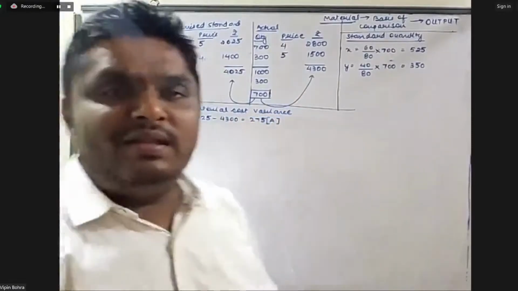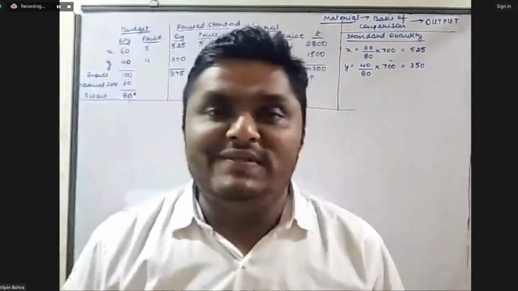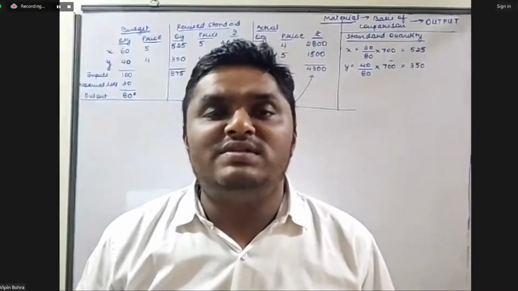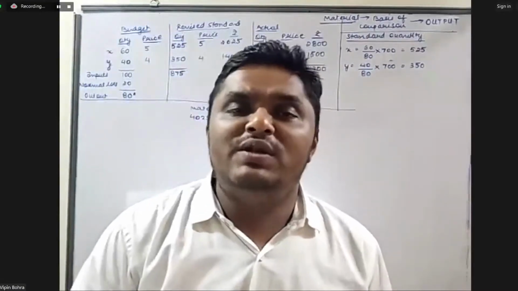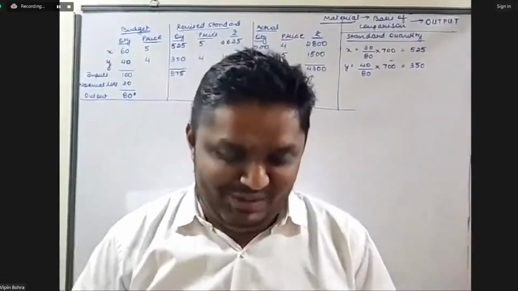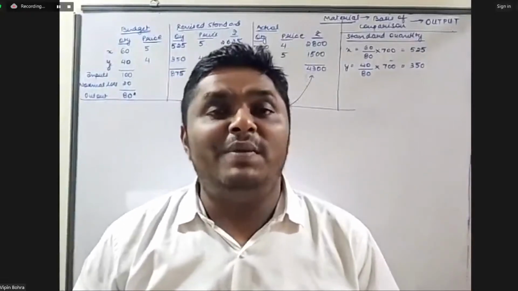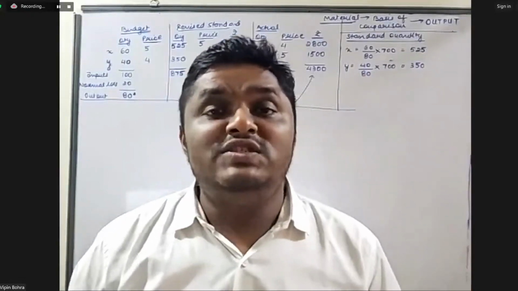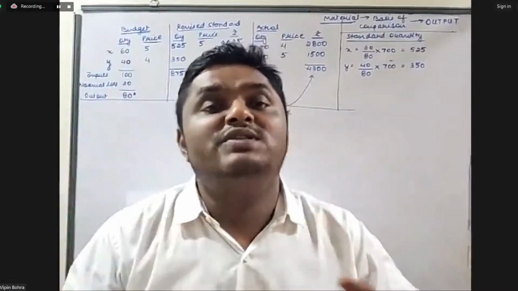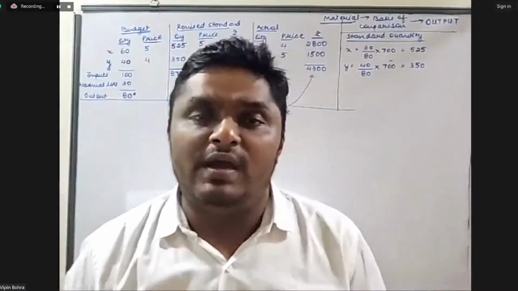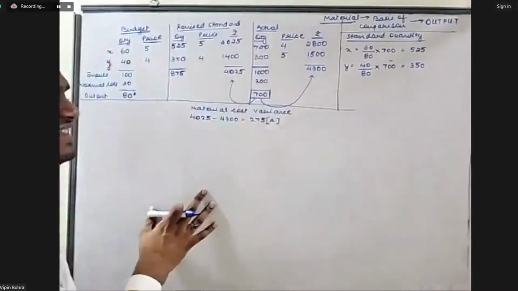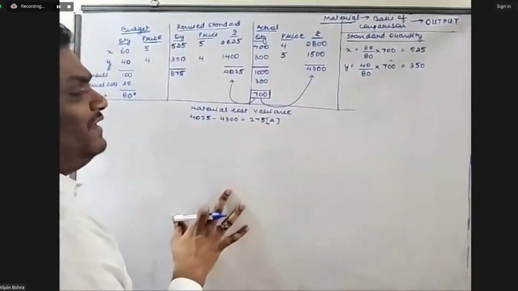Now Mr. Mohammed is well aware that this much loss his department has contributed to the overall loss of the company. Assuming these figures are in thousand, it is 275 adverse.